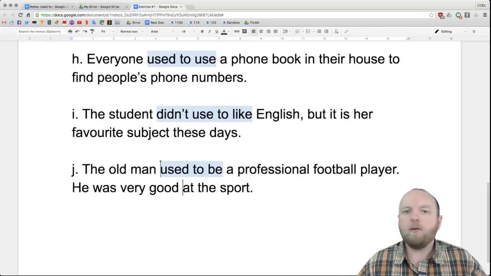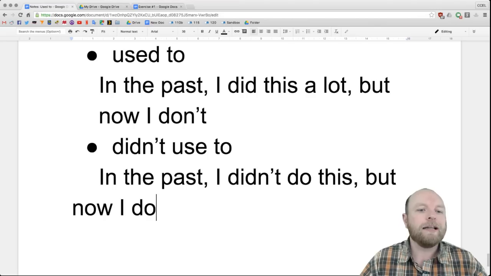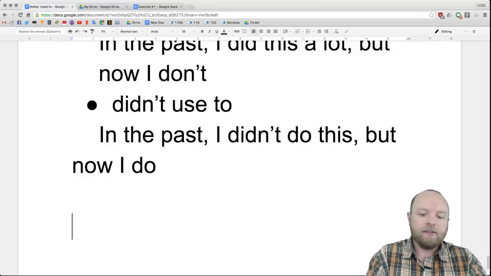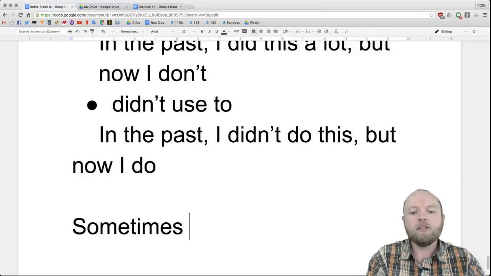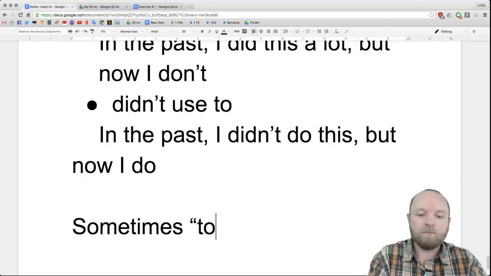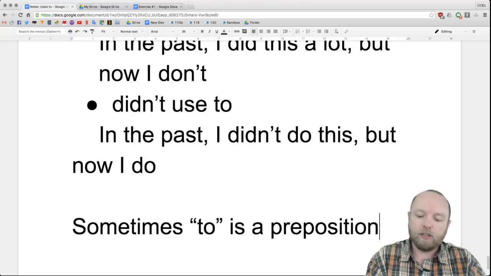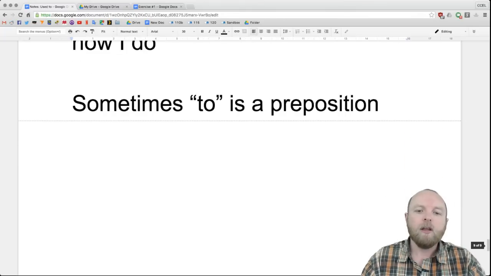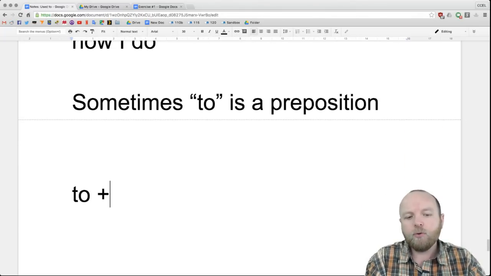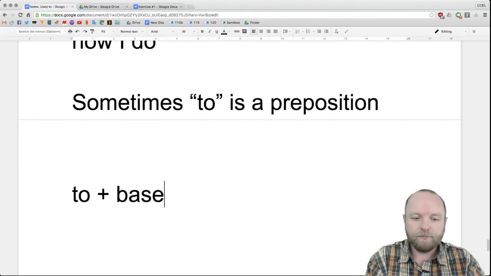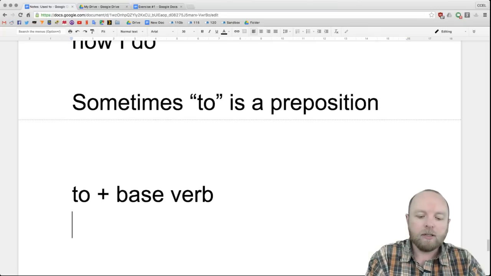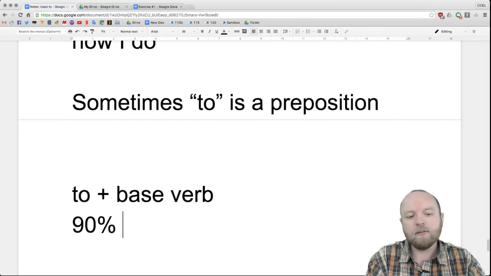Okay, now, maybe the more difficult lesson. Sometimes to, let me write this in parentheses, is a preposition. So we talked about to and a base verb. Okay, this is about 90%, no, maybe 99% of the time.